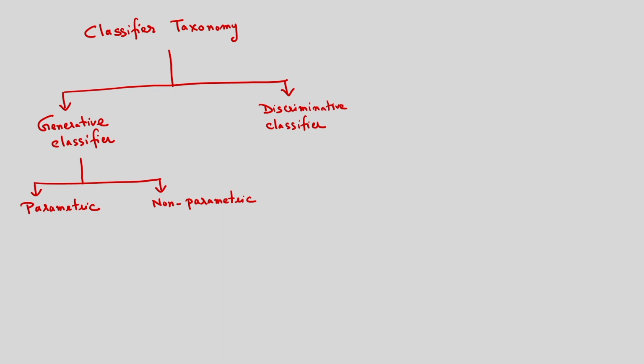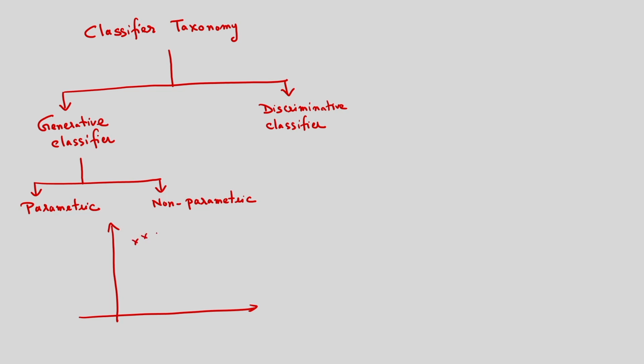In case of the non-parametric, I can directly estimate the density, and I have explained two important concepts: one is the Parzen window technique and another one is the k nearest neighbor technique. So, in case of the generative classifiers, I can determine the discriminant function and find the decision boundary between the classes.